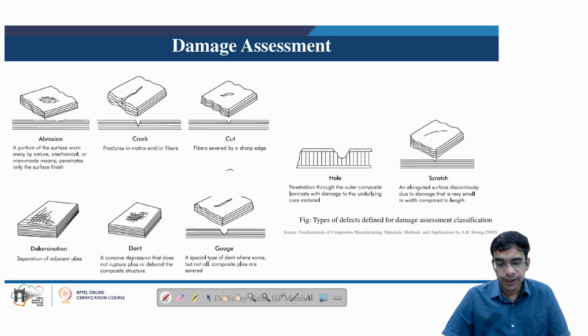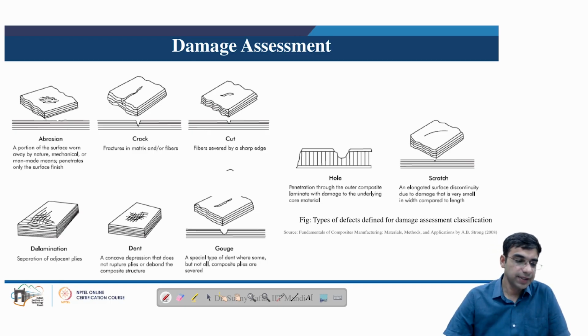So now we can see the different types of damage that can occur on wind turbines. These include abrasion, cracking, cutting, delamination, denting, gouging, holes, and scratching.